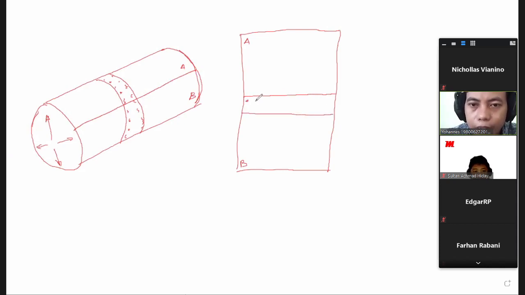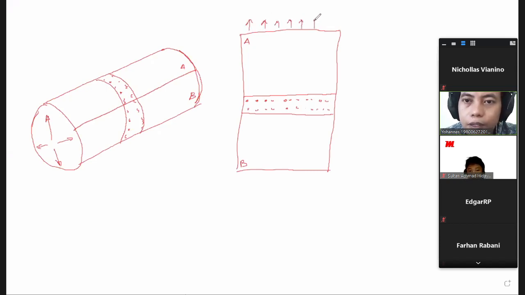Okay, and it consists of many rivets. It is joined by many rivets here. And here we have a distributed pressure. We call this P.